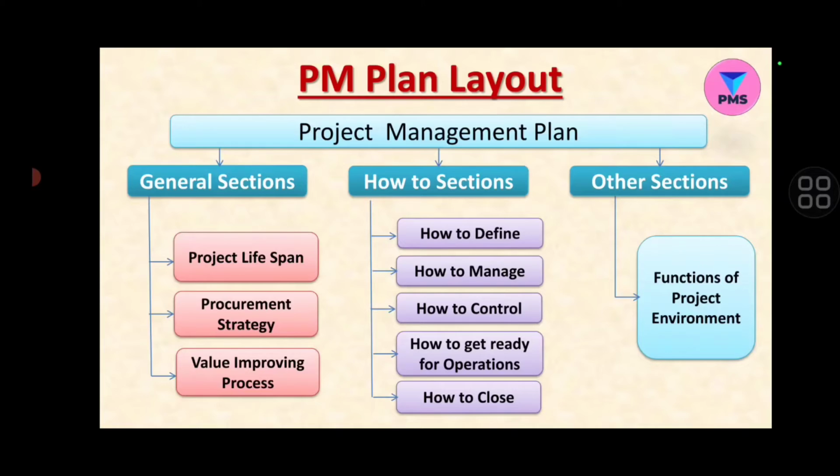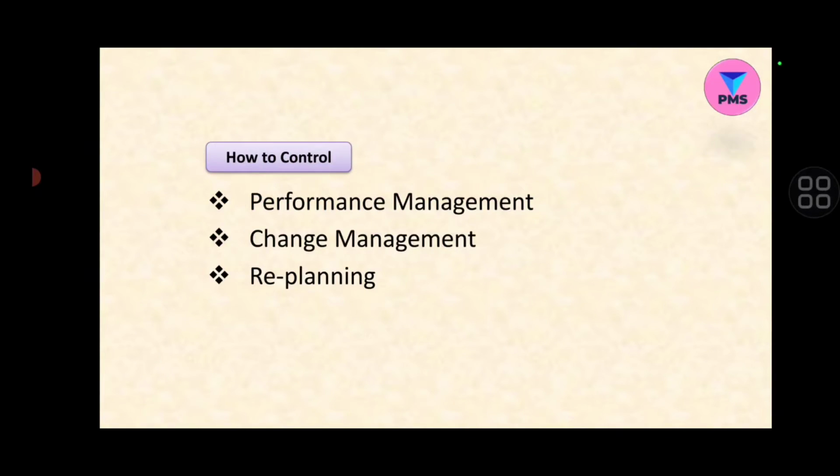Next comes how to control. This is again critical. Under how to control, you are going to have your performance management. Once you know how you are performing, only then will you be able to see the drawbacks or the slippages in the project, and accordingly you can control it.